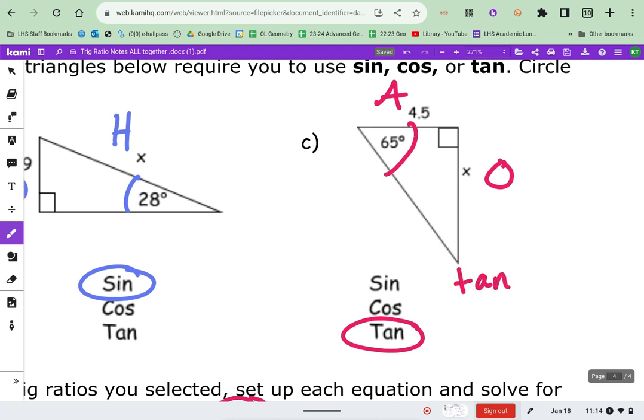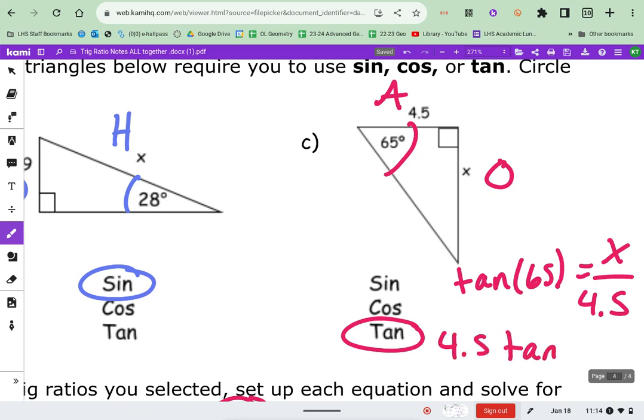So tangent of 65 equals x over 4.5. So multiply by 4.5 on both sides. So 4.5 times tangent of 65, and that's what you plug into your calculator. Okay, so 9.650. Did you guys get that? Yes. Okay, awesome.